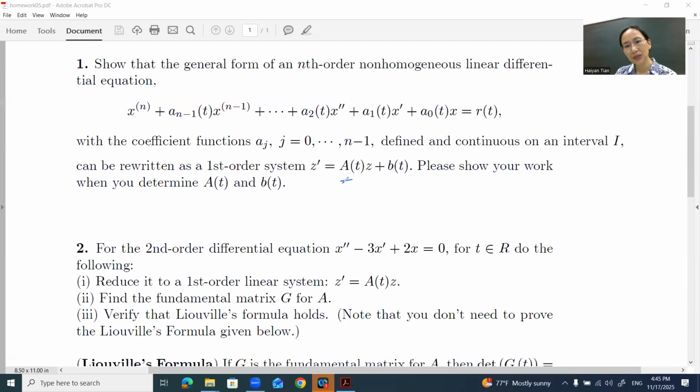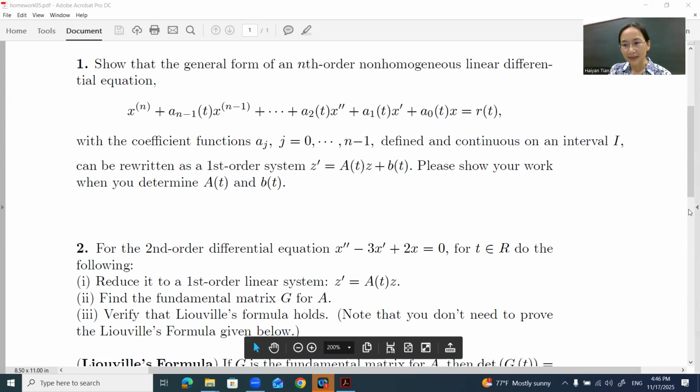So you just need to determine the matrix A, and also determine the vector B. The vector B will be related to this R, so it can be represented, right? So think of that special case, and that technique and idea can be generalized to this case.